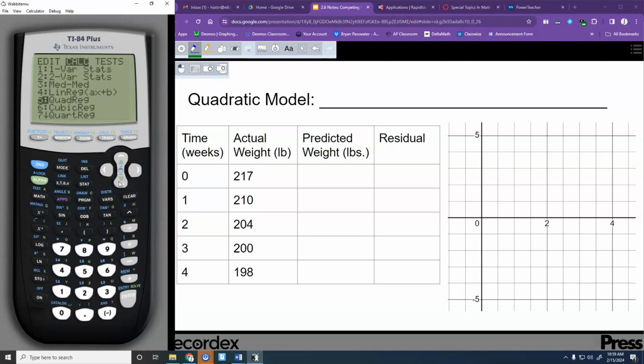Do this for me too whenever you do yours. Don't erase what's in Y1 unless you've already done that, and that's okay. But put your quadratic in Y2, put your exponential in Y3. I know you're not going to do both of them, but that way we can look at all of them on the graph.